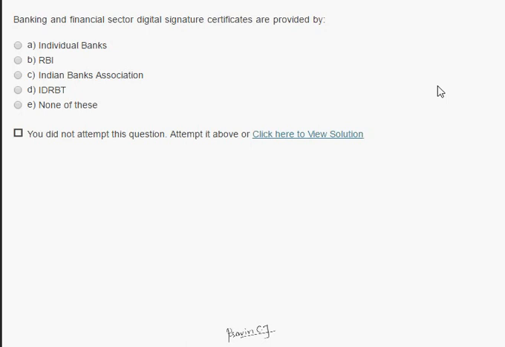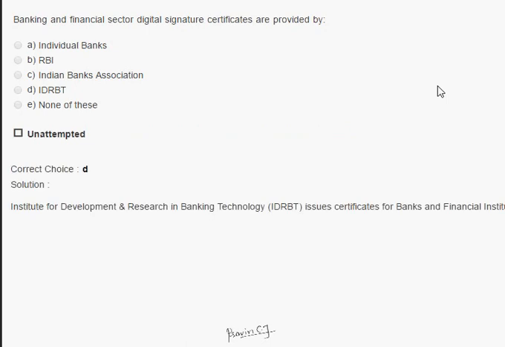But for the banking and financial sector, who provides the digital signature? The answer is IDRBT, the Institute for Development and Research in Banking Technology, that issues this. And you know well what a digital signature is for. It is similar to the identity of a person in electronic form, and it is helpful for sharing a message also.